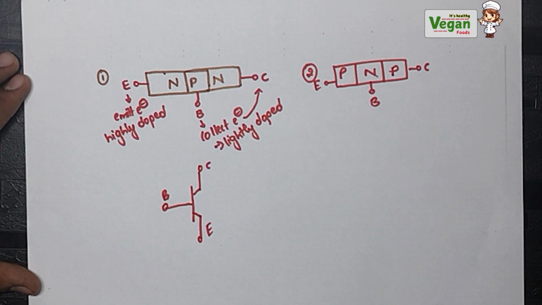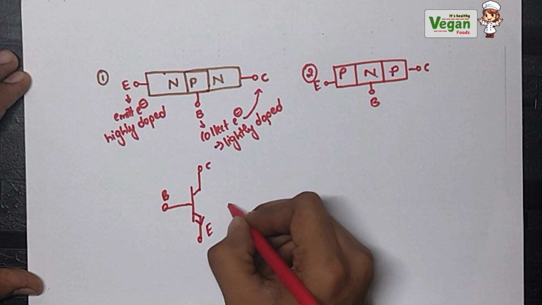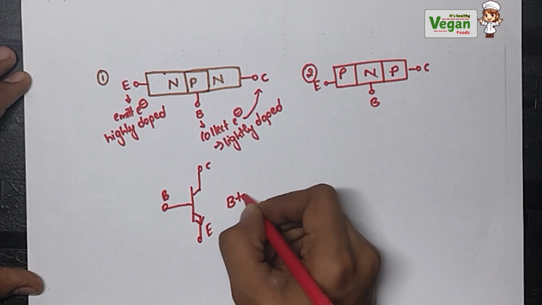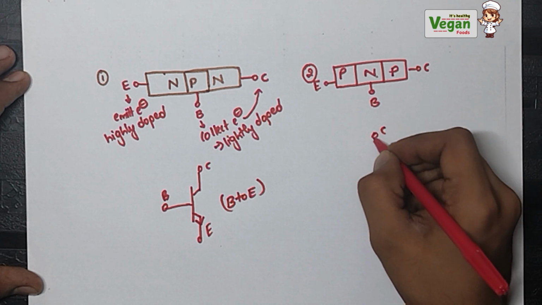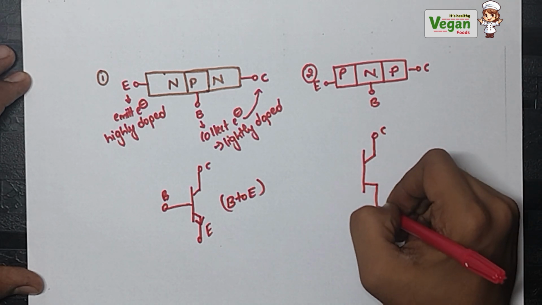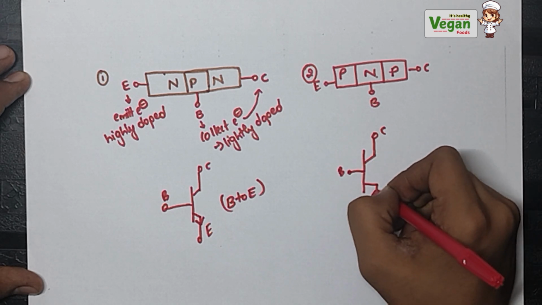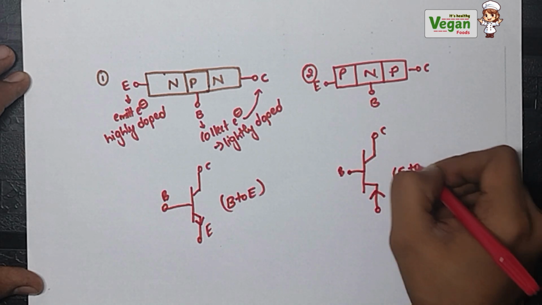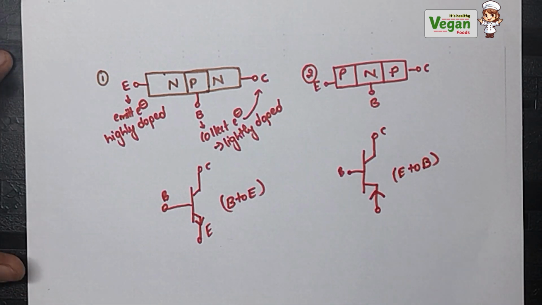The conventional current in an NPN transistor will flow from base to emitter. In a PNP transistor, the conventional current will flow from emitter towards the base. Here from base to emitter, here from emitter to base.